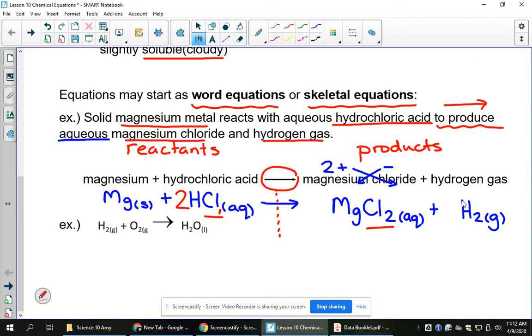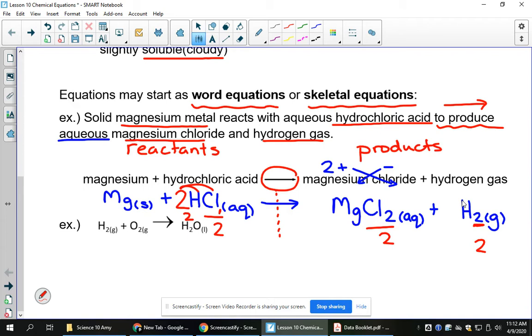That essentially multiplies, like math, to tell you now there's 2 chlorines and 2 hydrogens. So the chlorines are now balanced. We have 2 and we have 2. The hydrogens are now balanced. We have 2 hydrogens, and here we have 2 hydrogens.